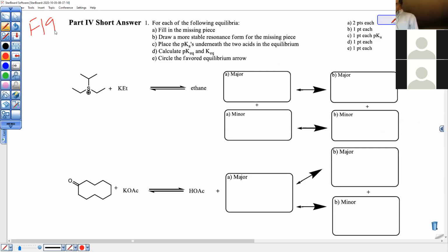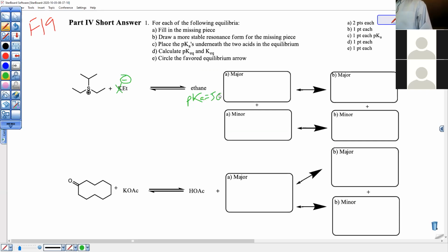So we're supposed to fill in the missing pieces. We got a major product from an acid-base reaction, and you know it's an acid-base problem. It's all about pKa's and pKeqs. So you're taking a proton off with a base. The base, ethyl minus, becomes ethane with a pKa 50.